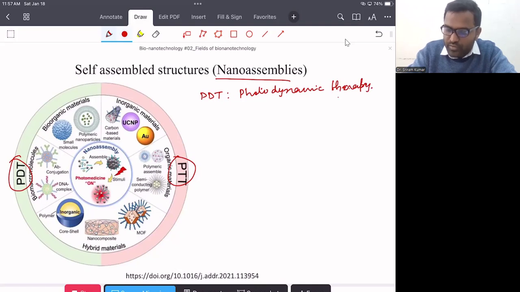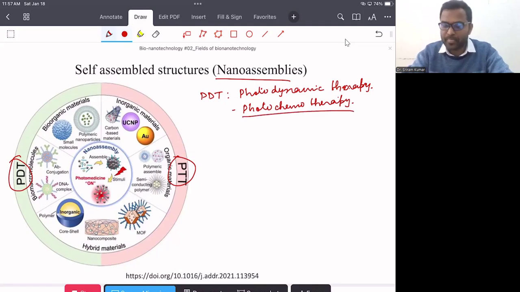The other name of PDT is photochemotherapy.